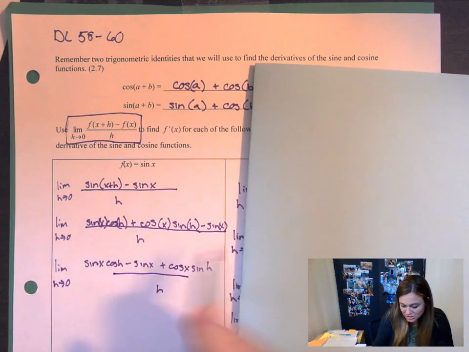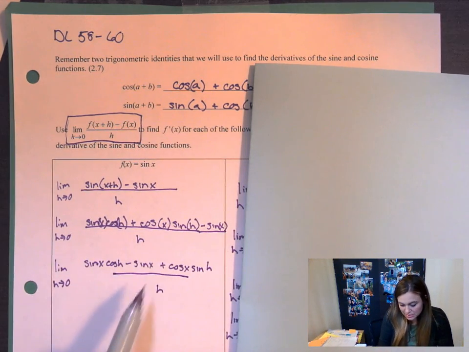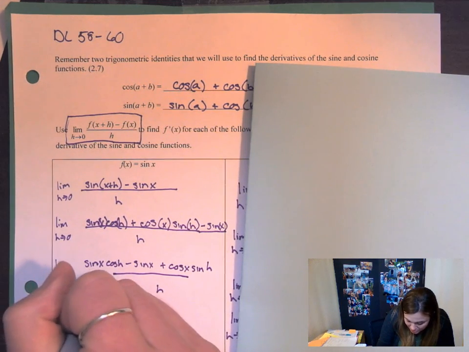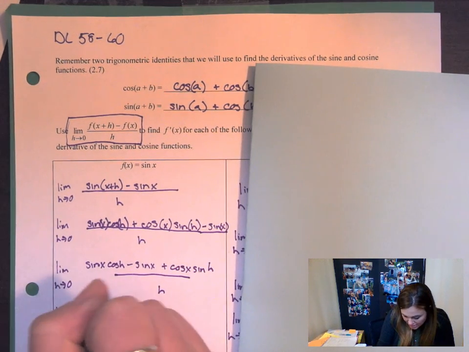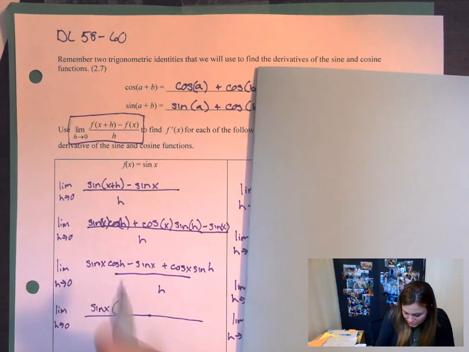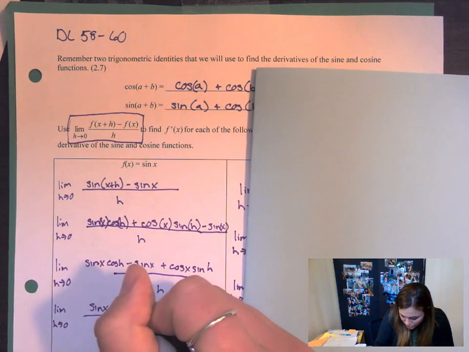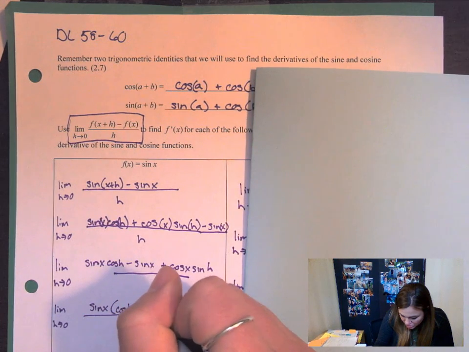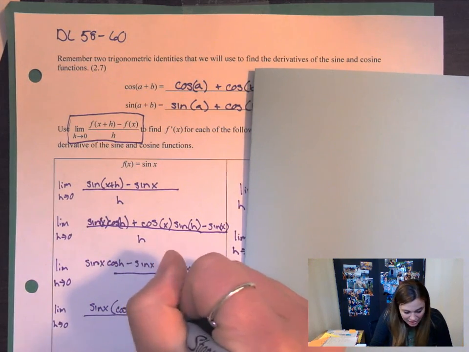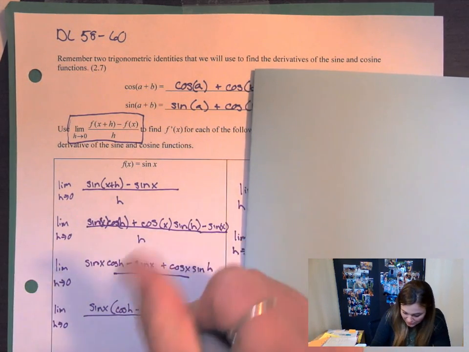Bear with me, I just reorganized this mess down here. Because what I want to do next is I want to factor out this sine of x. And do you see how I would be left with cosine of h minus 1? Okay, that kind of looks like something I did before, so keep going. And then I'm going to take this plus cosine of x sine of h.